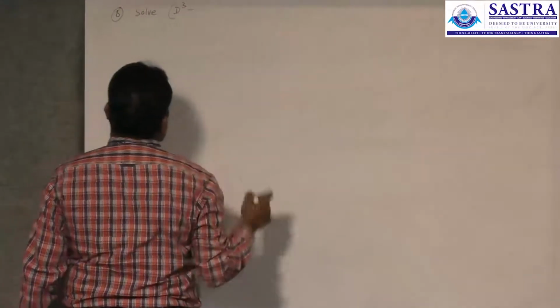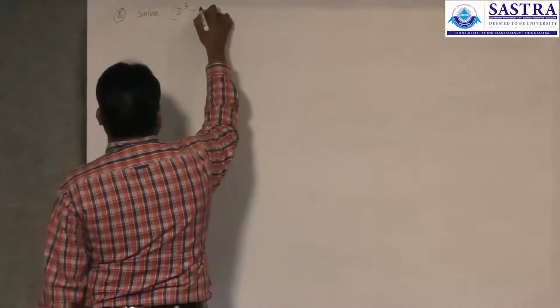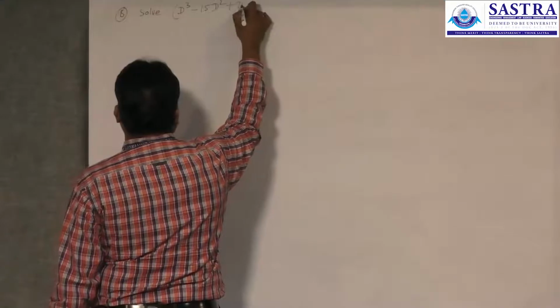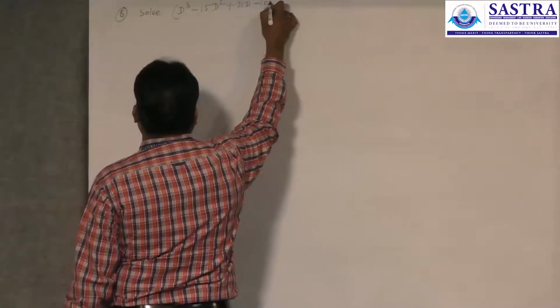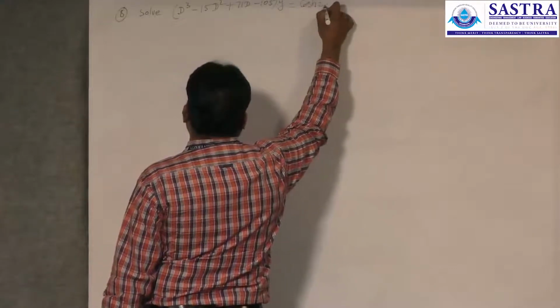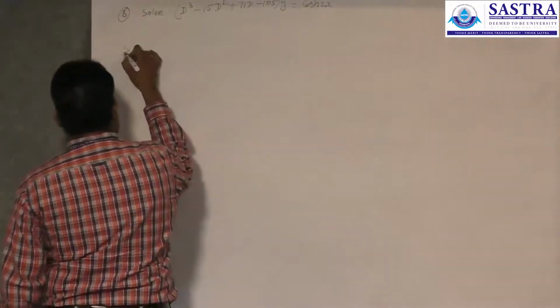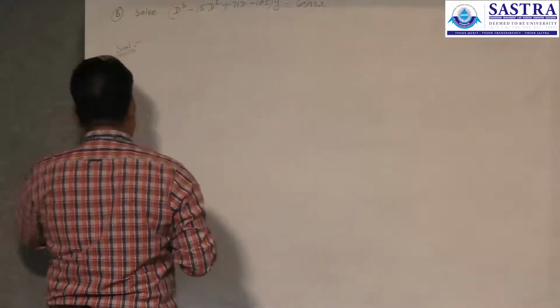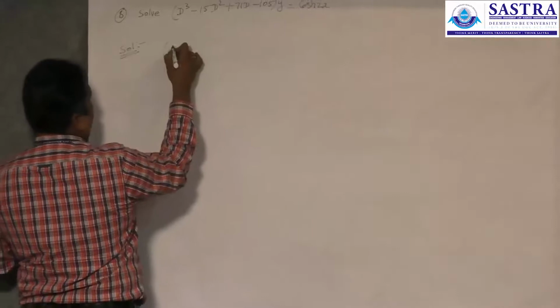Next problem: D cube minus 15d square plus 71d minus 105 whole thing into y is equal to cos h to x. Write down the given equation.